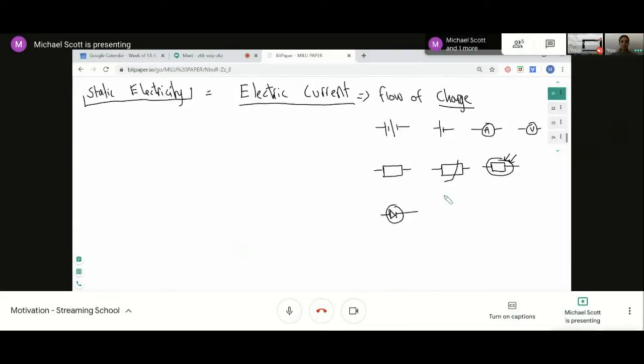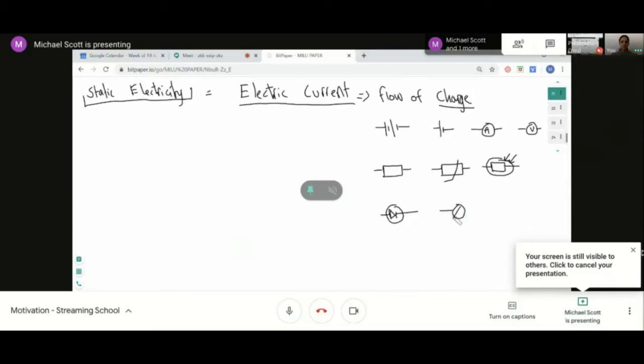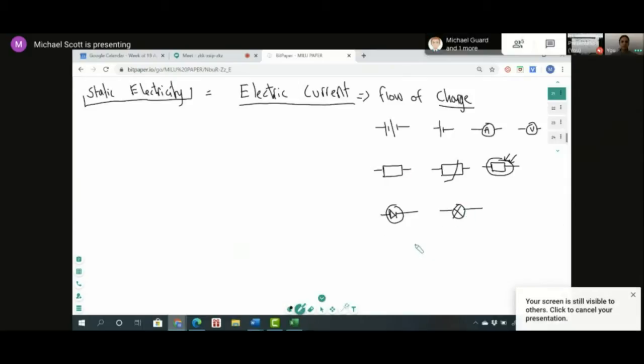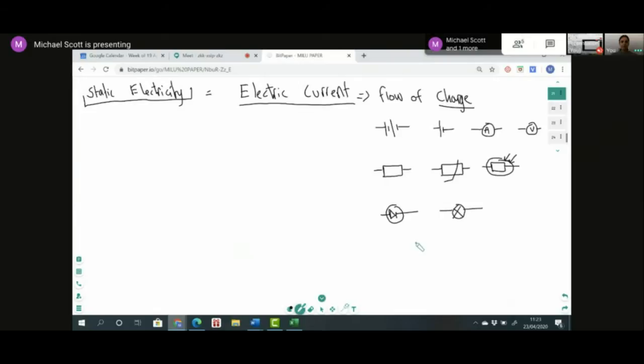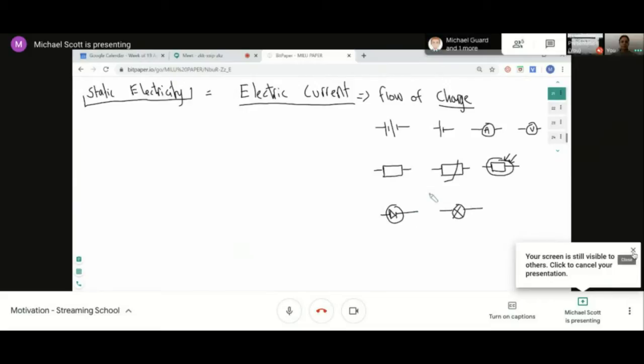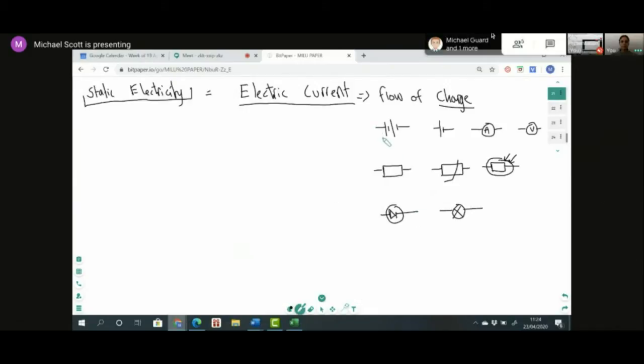Okay, so here are some of the main circuit symbols that, as a GCSE student, you should be quite accustomed to using, and you should be able to see these and identify exactly what they are straight away. So we'll start off with this one at the top, where we have a battery, we have a cell, we have an ammeter, we have a voltmeter, we have what's known as a fixed resistor.